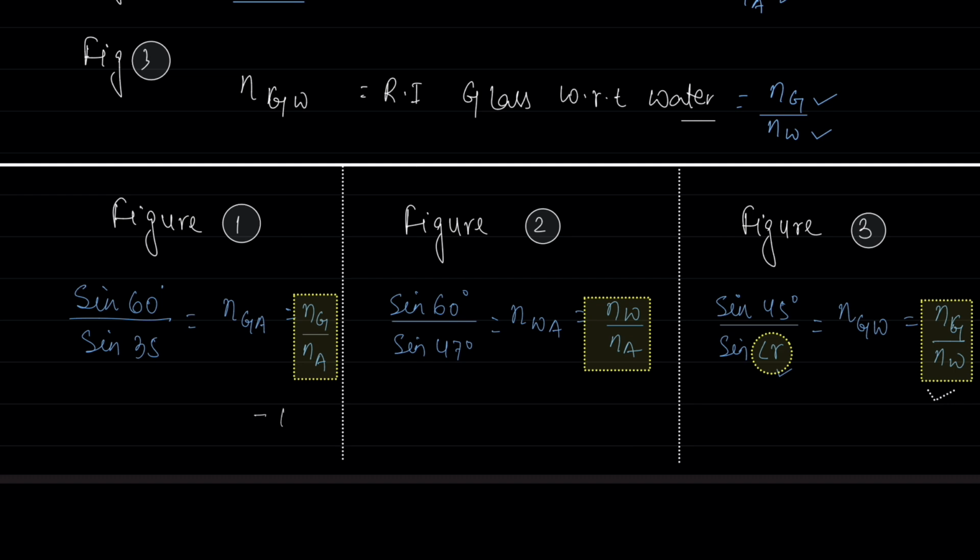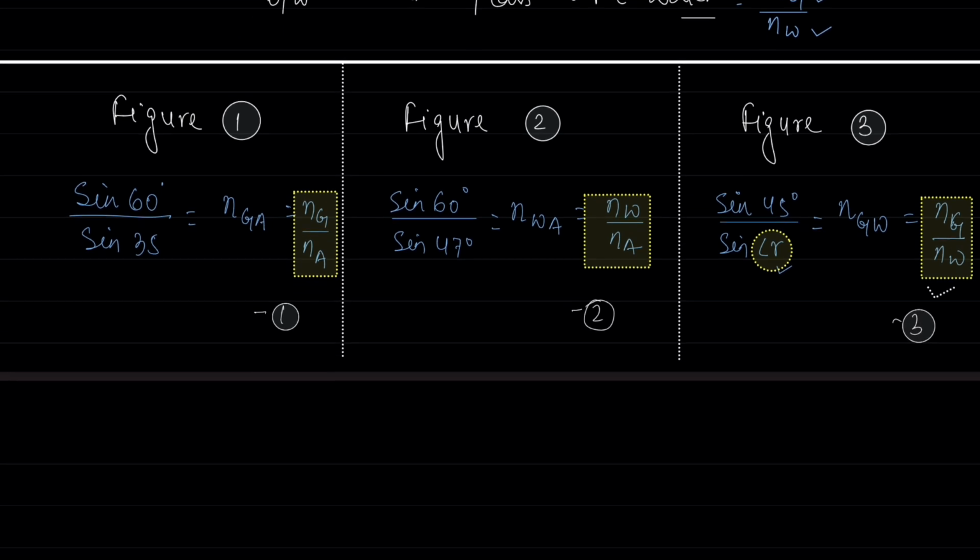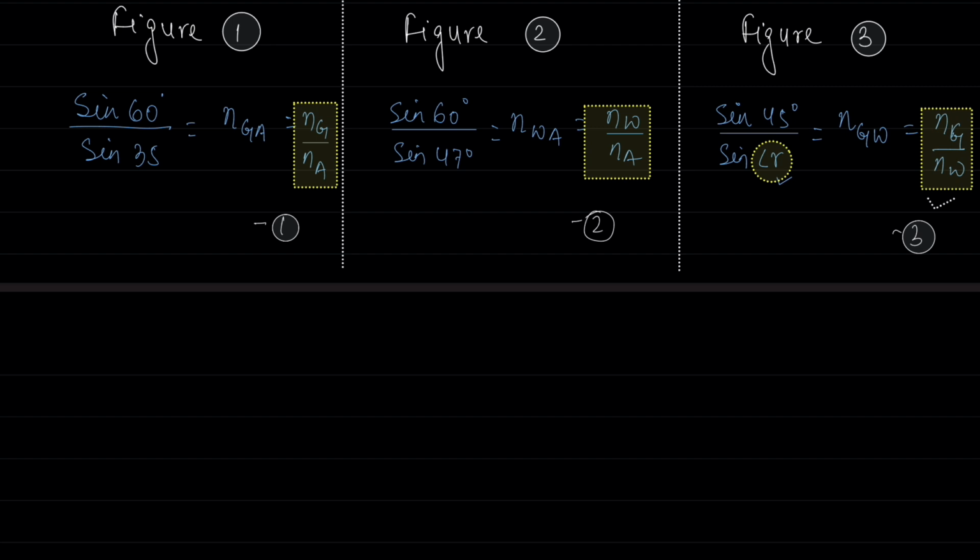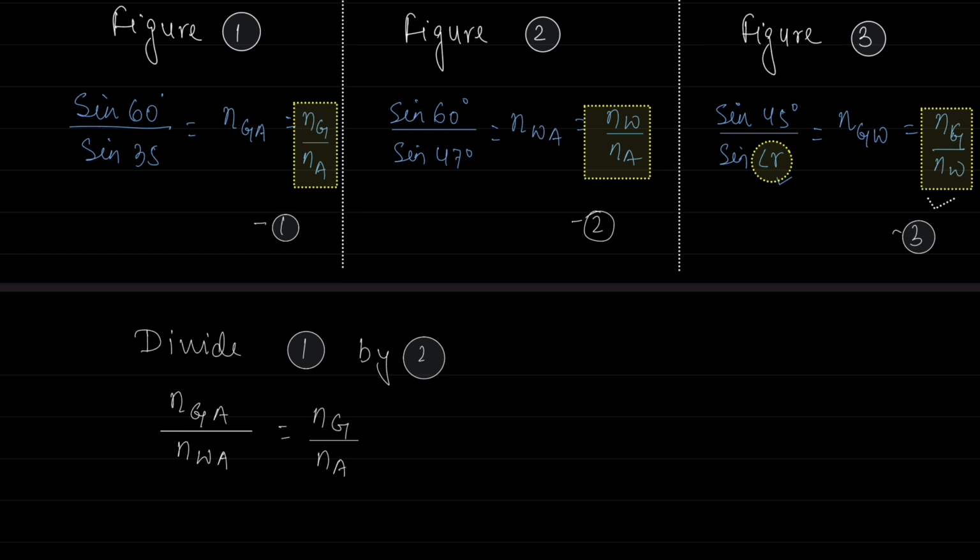So let's take this as relation 1, this as relation 2, and this as relation 3. Divide relation 1 by relation 2.